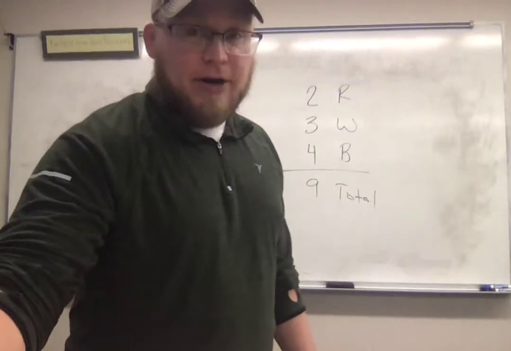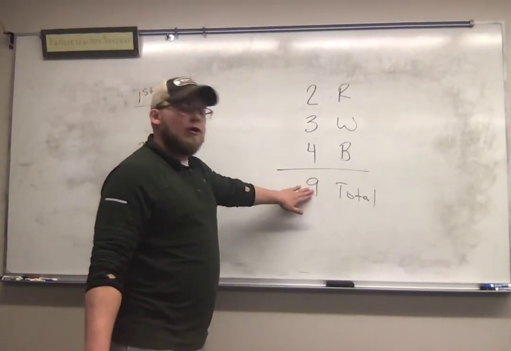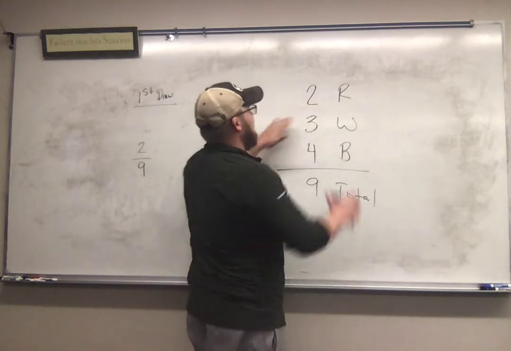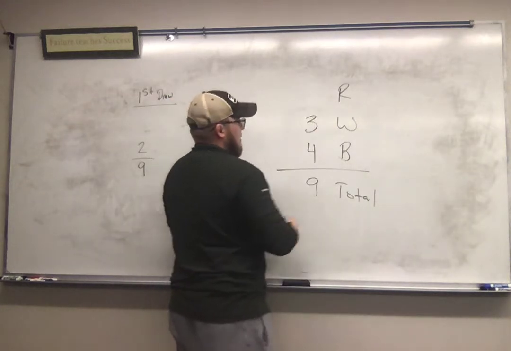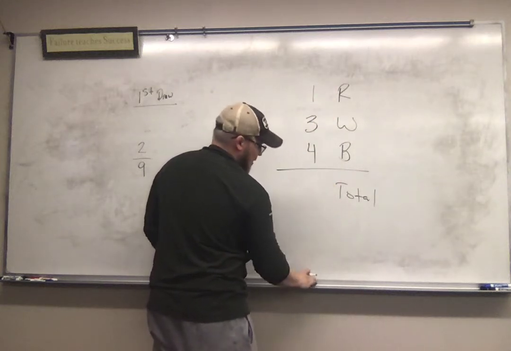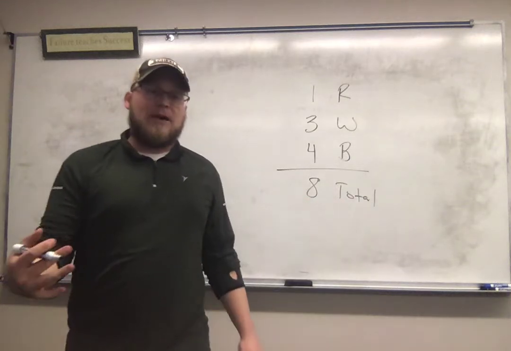I place it over here on the table. Now, there's no longer 9 total anymore. In fact, there's no longer 2 reds. Okay, there's only 1 red. And that actually means now there's only 8 total left in the bag.